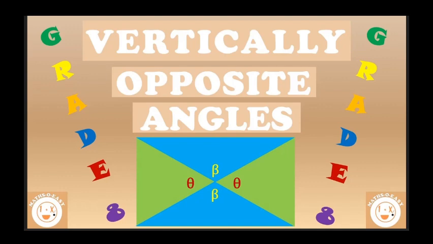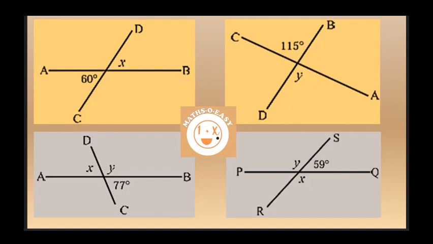So we are starting with the concept of vertically opposite angles. Let's see what challenges we're going to encounter. We'll start with simple ones just to reaffirm what vertically opposite is. Then let's see where we go from here.